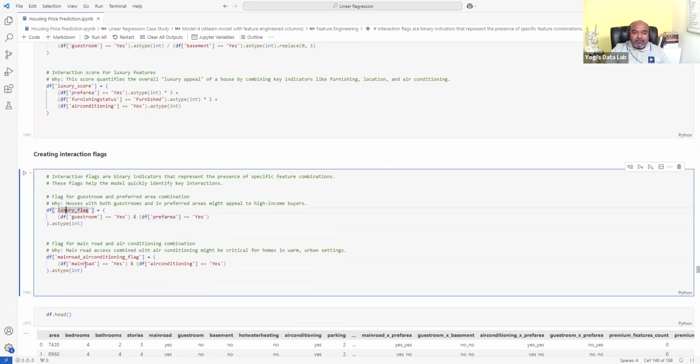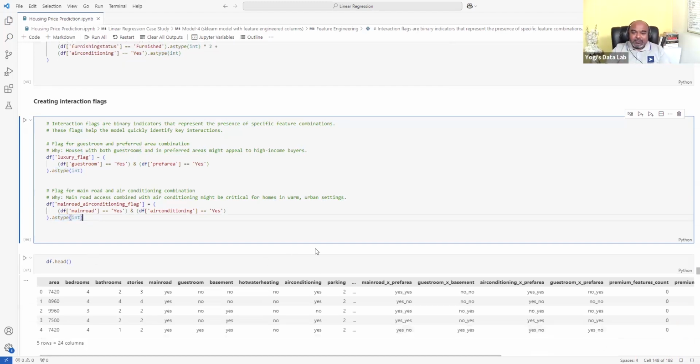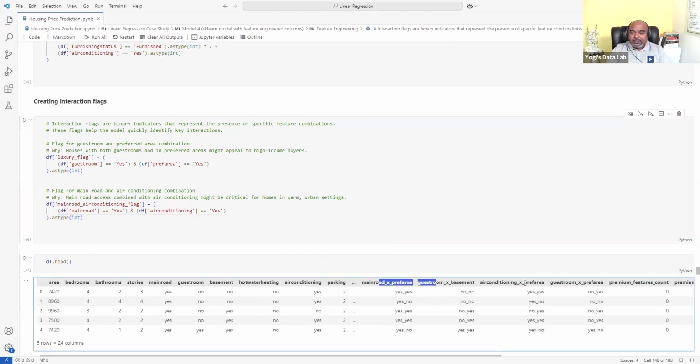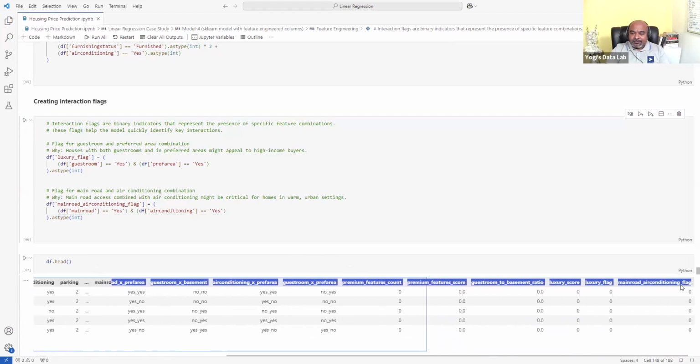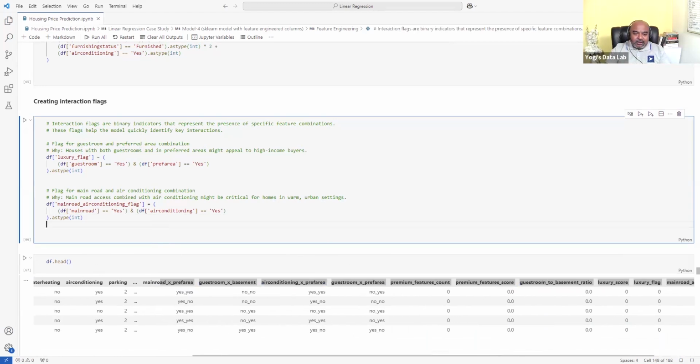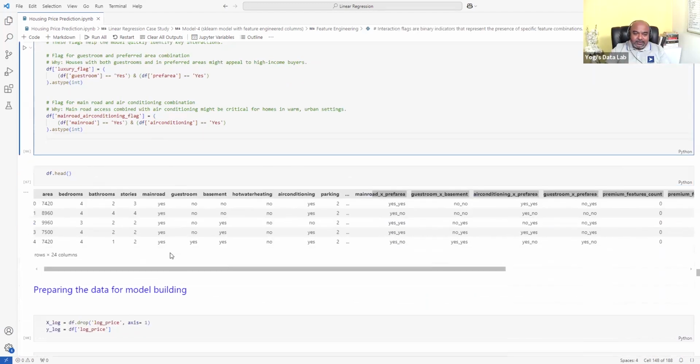Main road air conditioning flag means if the property is accessible at the main road and it does have air conditioning, meaning both of them are yes, mark this column as yes and convert it into a number, so it will become a 1. So these are a couple of features we created. You can go ahead and create multiple more features, and you can see that these variables are created here. I have some numerical, some categorical. So I have created these values here.